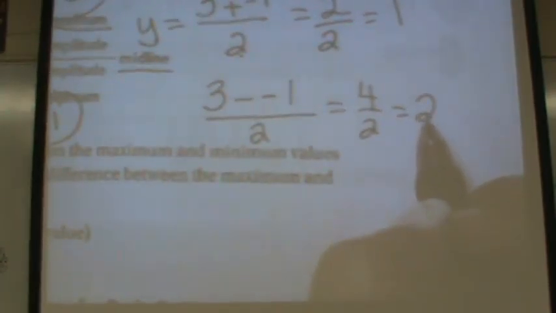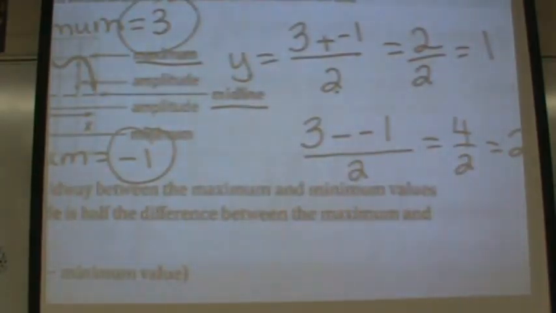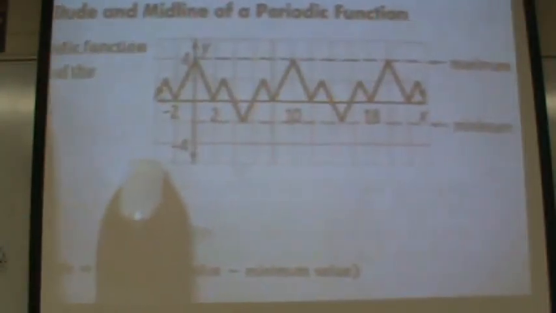That's your amplitude. For the midline, think of average: add, divide by 2. For the amplitude, you can count units on the picture, or subtract the two numbers and divide by 2. Here's another example.